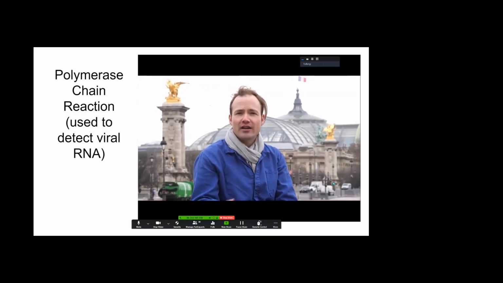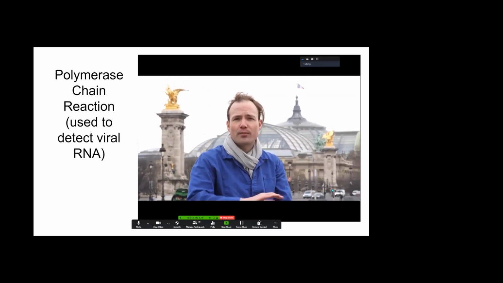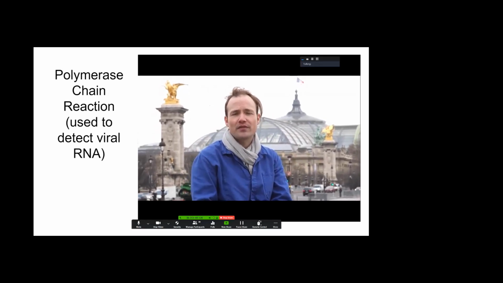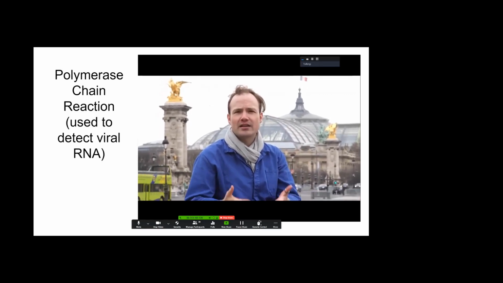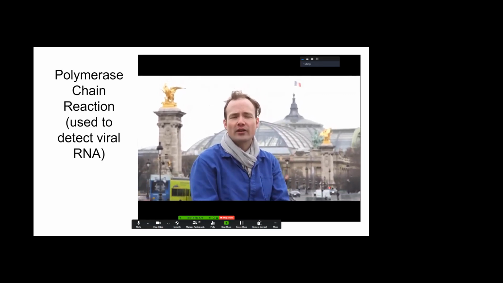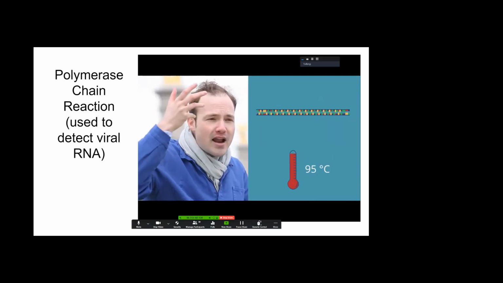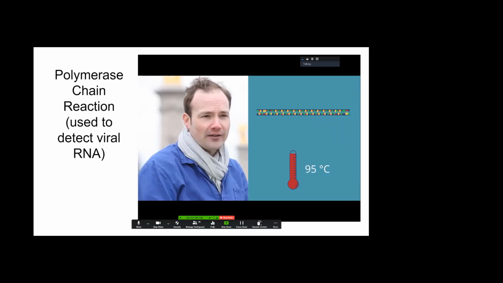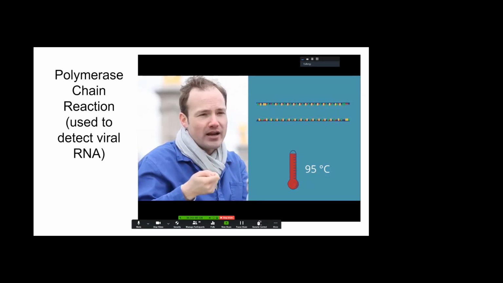A thermocycler is just a machine that can heat or cool our test tubes to a programmed series of temperatures. By cycling through a series of temperatures, we can get the DNA to replicate over and over again. First, we heat everything up to 95 C, near boiling. At this temperature, the DNA double helix melts and all of the DNA becomes single-stranded.